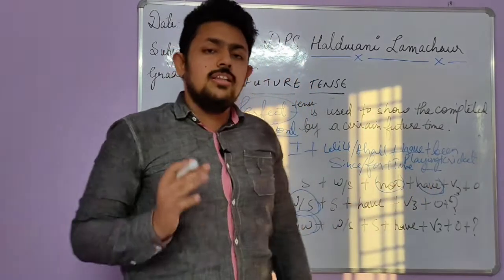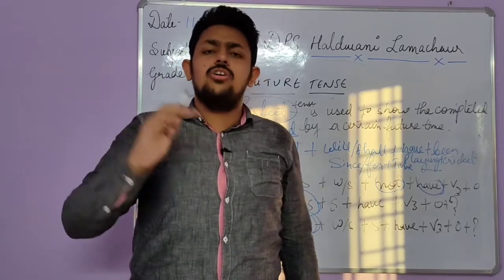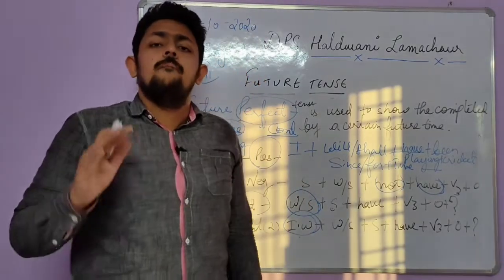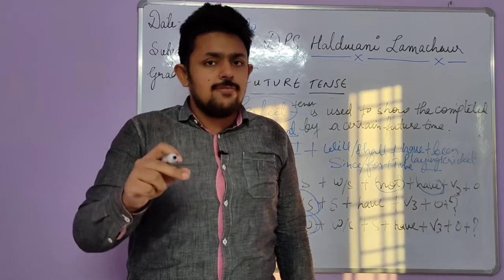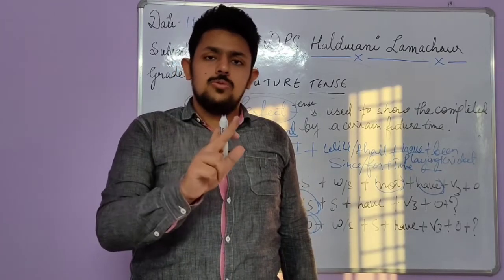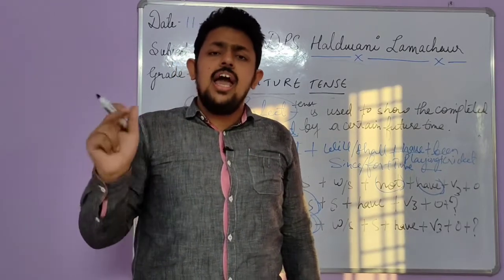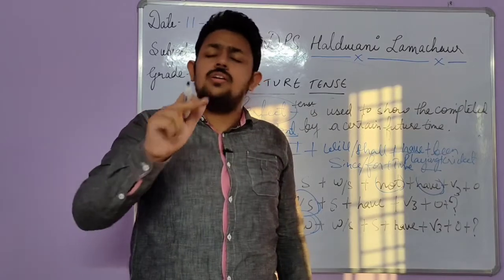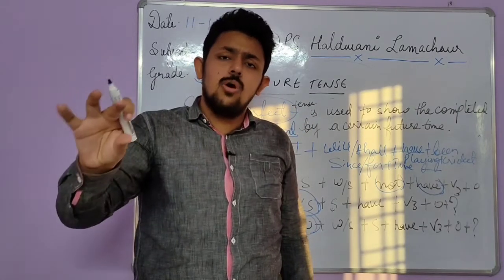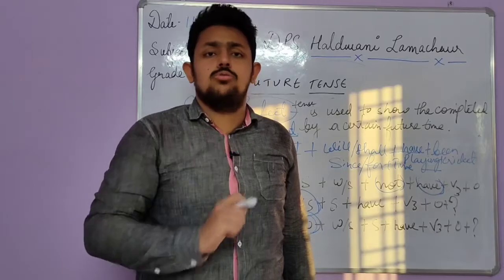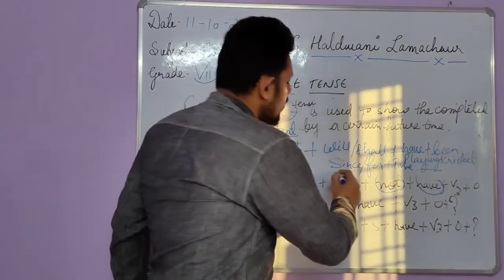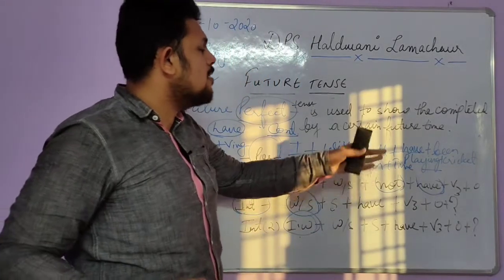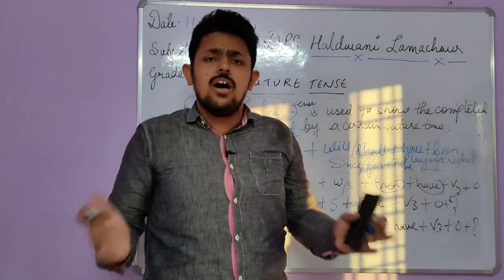Just remember, in the perfect and continuous, what changes do we use? Perfect we use have. Continuous we use the first form of the verb and ing. And if it is perfect and continuous form, then we use the time also with the word since or for. I will have been playing cricket for 5 hours.